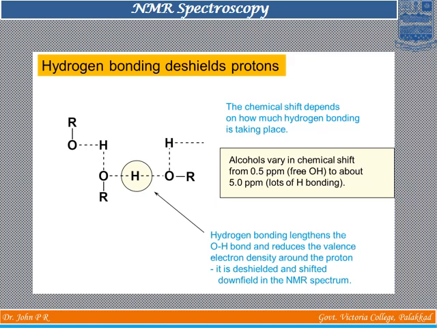Then deuterium exchange will take place, and we know that the gyromagnetic ratio for deuterium is different from hydrogen. So the deuterium resonance position is beyond the NMR scale of H1. So the peak may either disappear or the intensity may get reduced if the sample contains such exchangeable hydrogens.